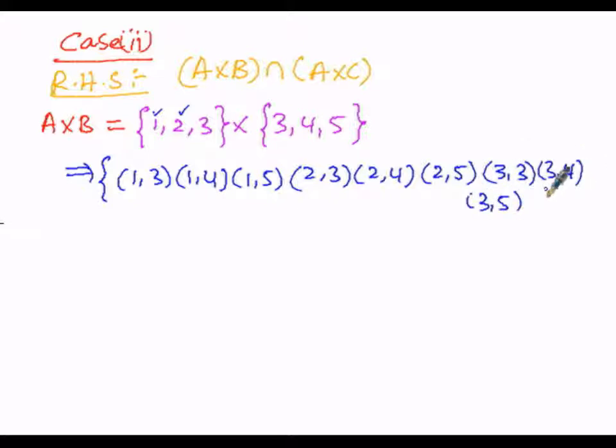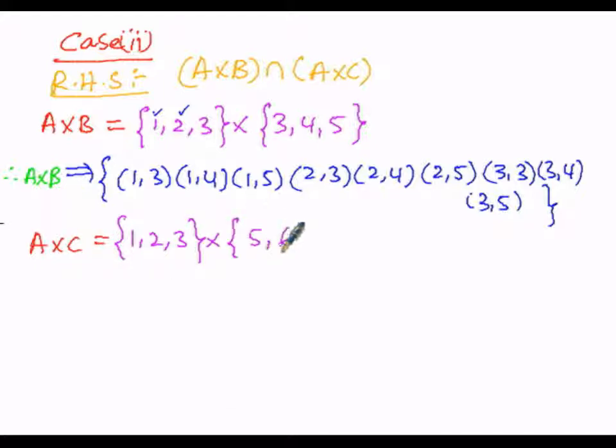These are the elements of A cross B. In this manner, A cross B is equal to the set consisting of these ordered pairs. Then let us find out A cross C. A cross C is equal to set A, whose elements are 1, 2, 3, cross set C, whose elements are 5 comma 6 comma 7.